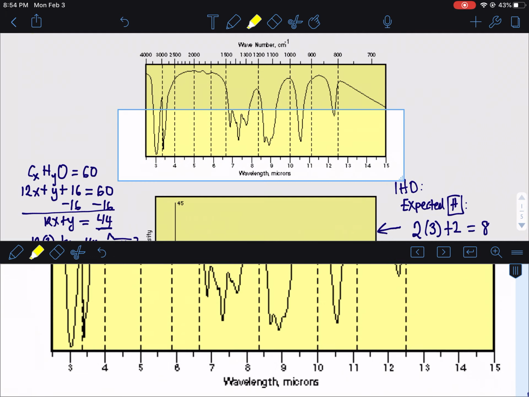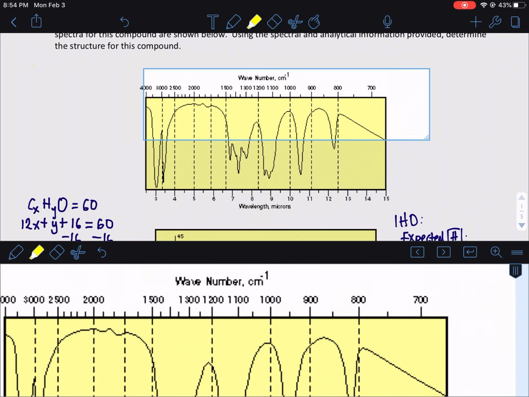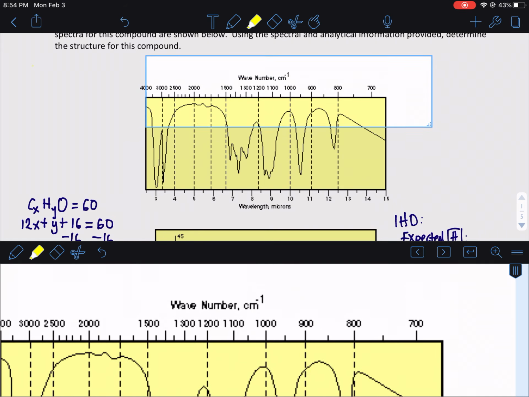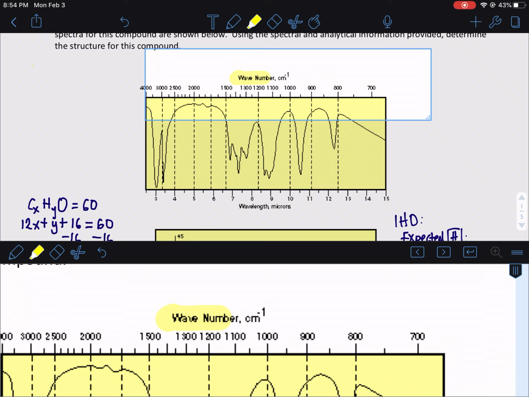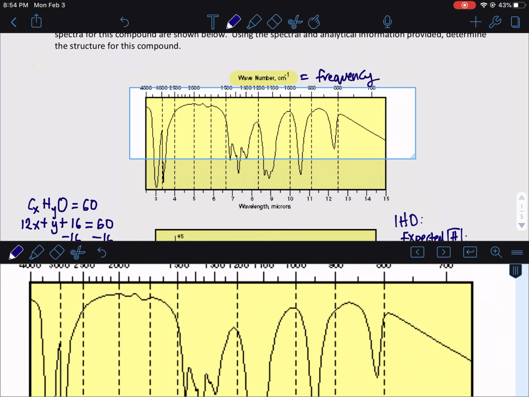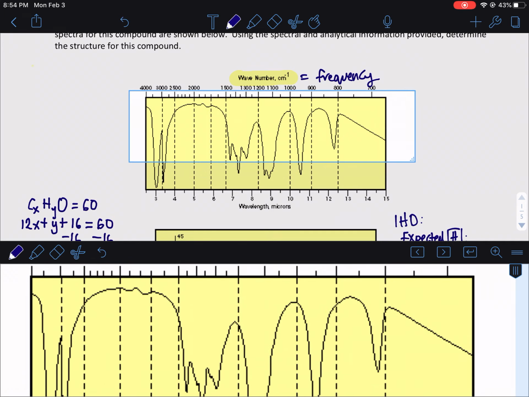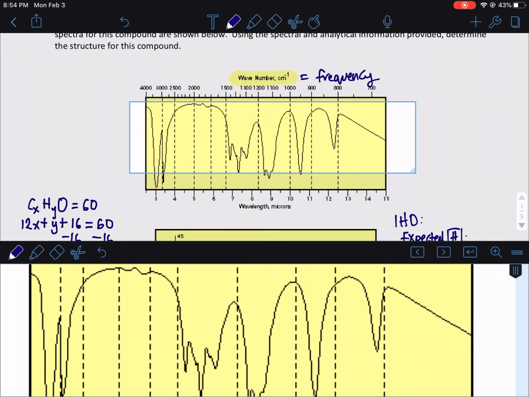So now the next thing you want to consider is your IR spectrum. For your IR spectrum, the axis is the wave number, which is also equal to your frequency, right? For this particular course, we don't analyze the fingerprint region, which is the region below 1500 centimeter inverse.